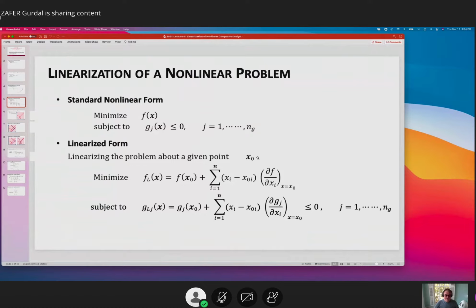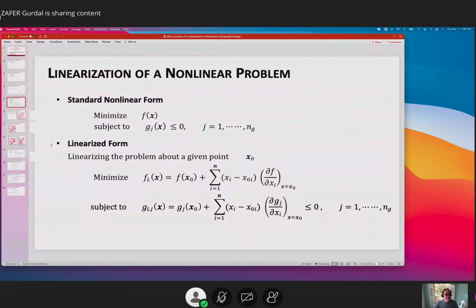If this point changes, these quantities are going to change. These quantities that I'm circling, partial derivatives of the nonlinear functions with respect to variables, have to be evaluated at the base point. These are going to change. So at every new design point, you have new derivative information that you can construct a linear approximation with.